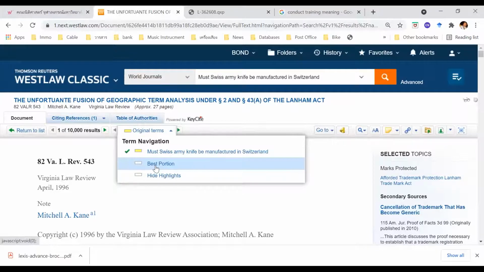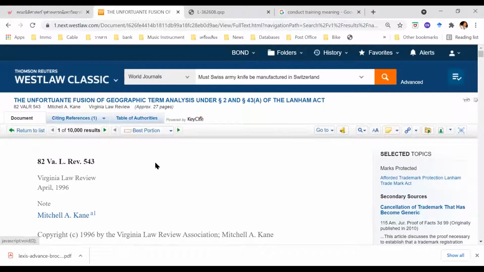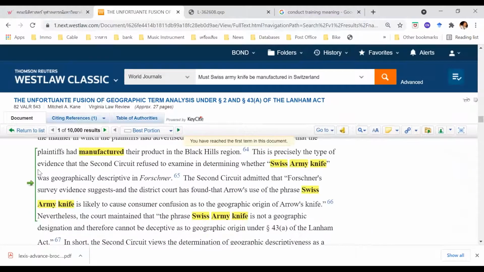Concepts mean it contains the words Swiss Army knife, manufacturing, Switzerland. So you just come to the base portion to see it. Just click on this base portion and use the arrow. The next step, just use this one to navigate you.